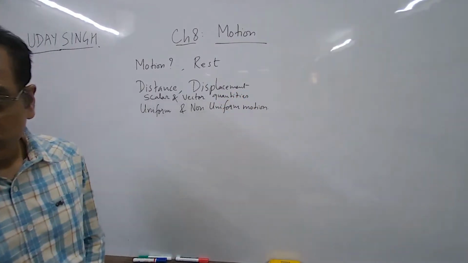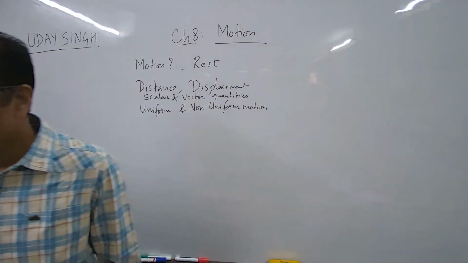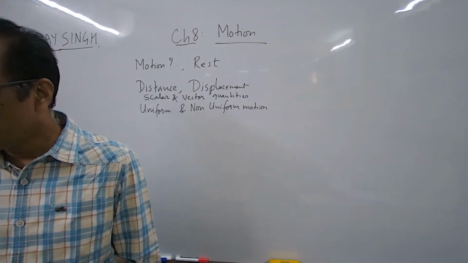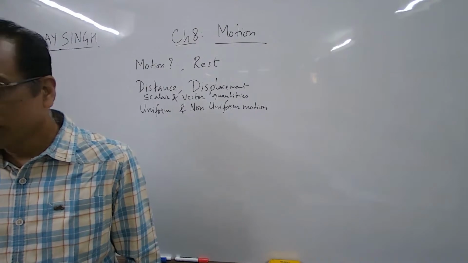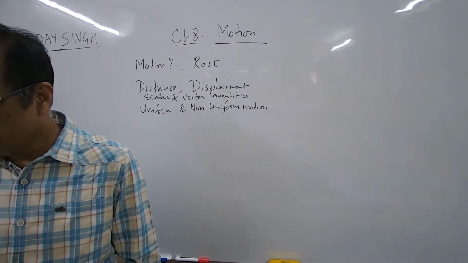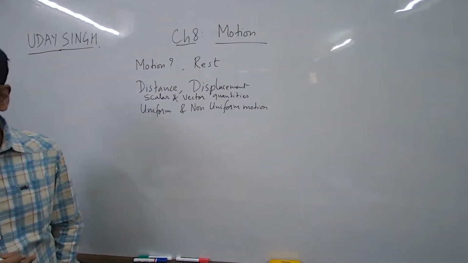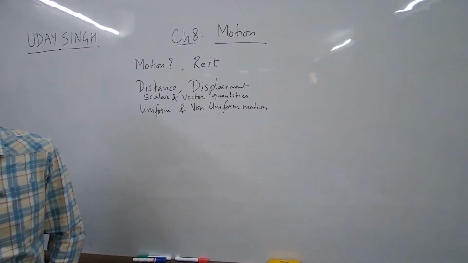So this is a very, very important chapter in physics. Those of you who are planning to make a career in science, you should follow this chapter very carefully, especially those who want to become engineers. Physics is very, very important.